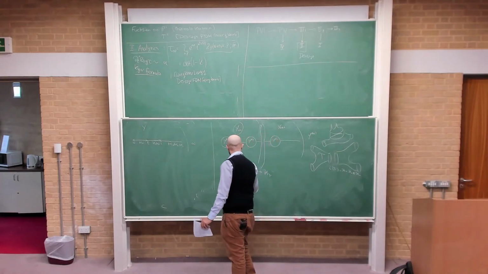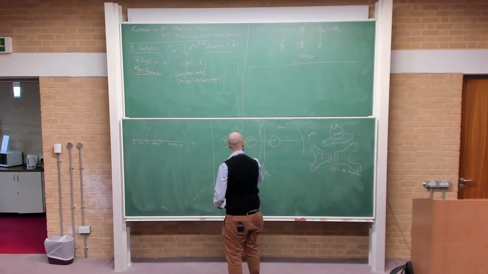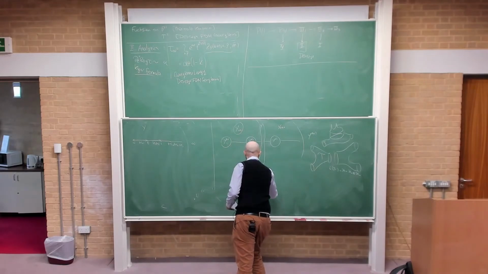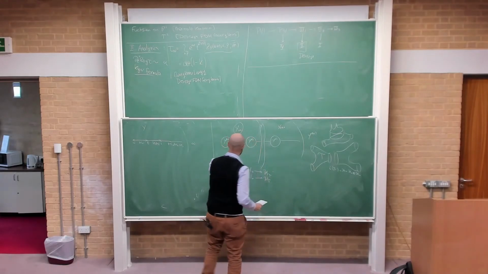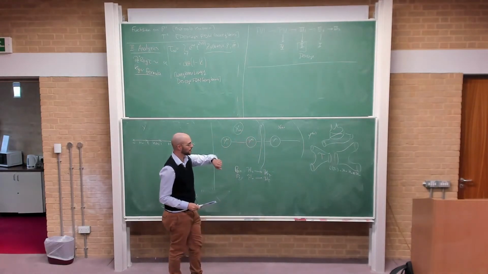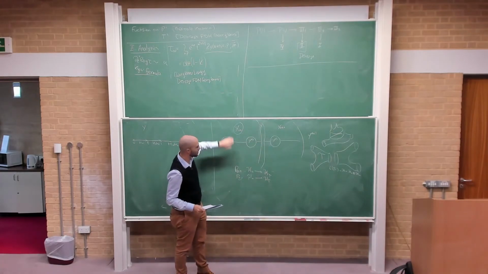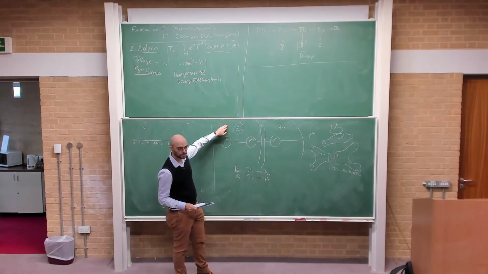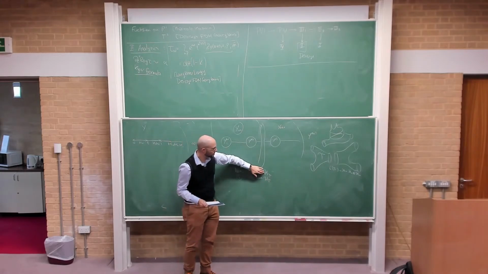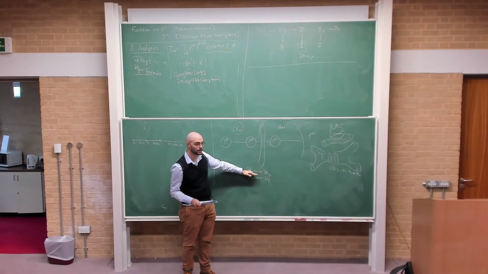And then you have a projector that is just defined in terms of y. This is just defined in terms of your 3-point solution. This is the projection on this space along H minus.